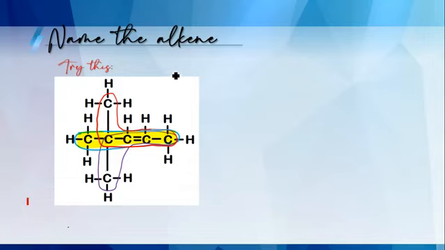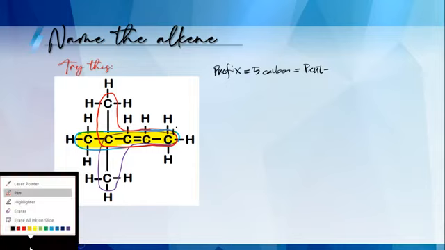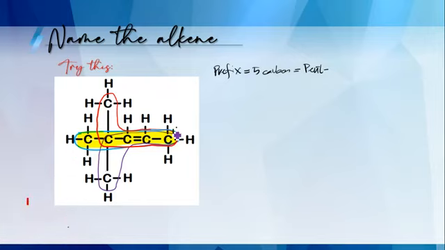The longest carbon chain, prefix: 1, 2, 3, 4, 5, so 5 carbons. The prefix is pent. The location: number it from 1. I think I need to use a different color to make it easier for you to see. 1, 2, 3, 4, 5, or 1, 2, 3, 4, 5.